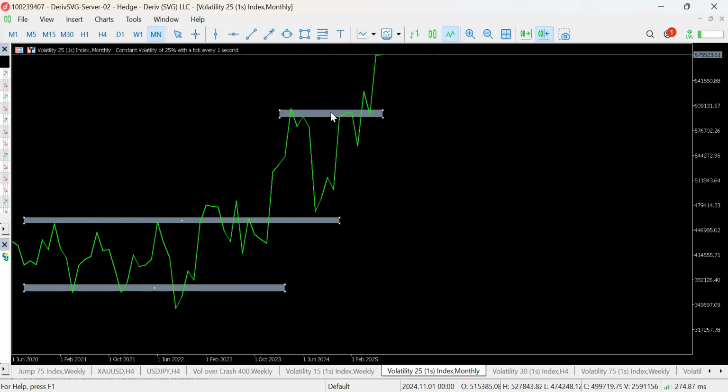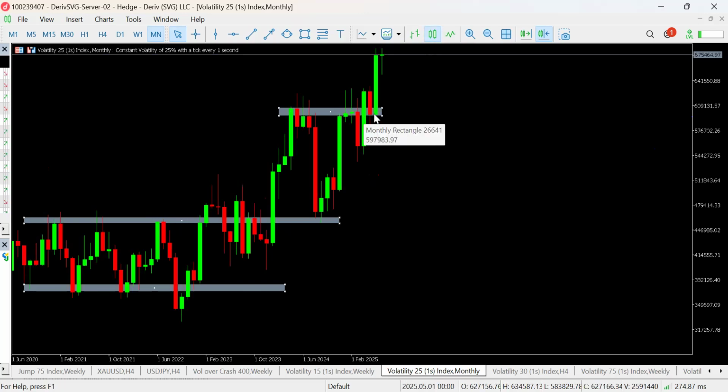In other words, a double top, as we all know, is a bearish reversal pattern, but that didn't stop the market from continuing in the upward direction. Instead, the market broke through the upward resistance, and since then it has been going up.